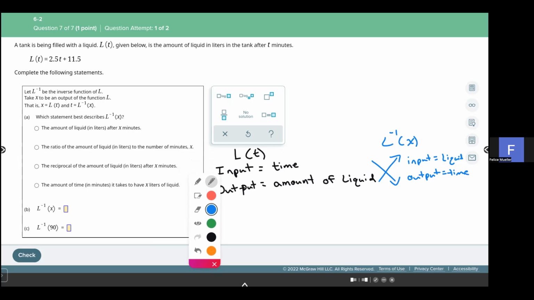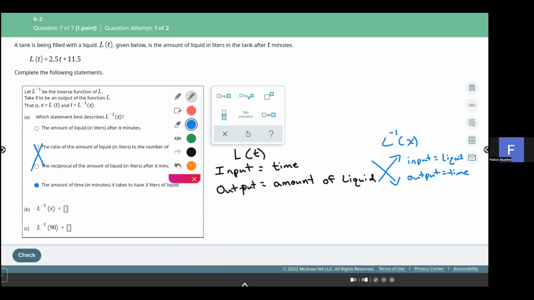So I'm going to go with that one. The reciprocal and the ratio make no sense in this case, because the inverse is going to be undoing something. The amount of liquid after x minutes. So these should be opposite of each other, between the two that you're checking.